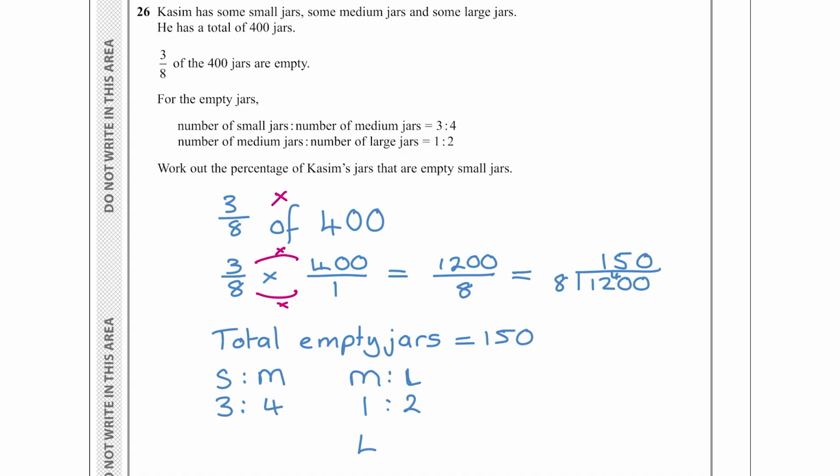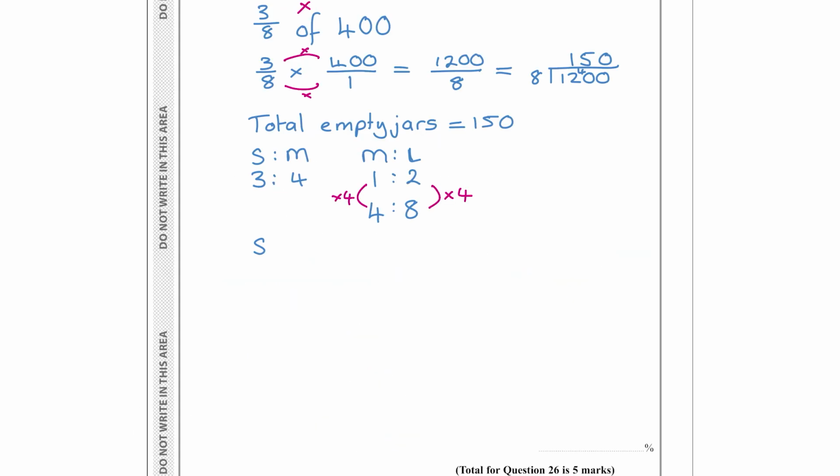So if we put a 4 there, to go from 1 to 4, here we multiply by 4. And then if we do the same to the other side, that means we'll have 8. So we could write a complete new ratio now of small to medium to large. The small would be 3, and then we can say the large is 8. Make sure you put your colons in between.